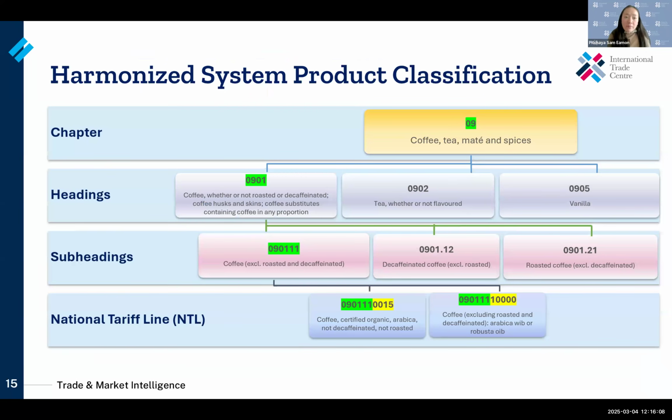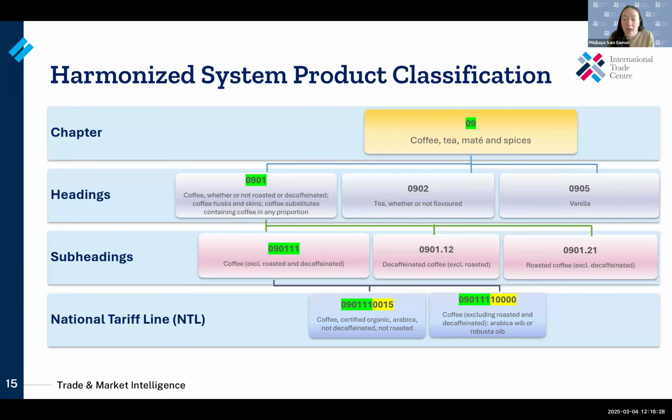This is very, very important. I mentioned to you before, it's very important to find the right HS code for your product. HS stands for the Harmonized System. This is the classification that is maintained and managed by the World Customs Organization.